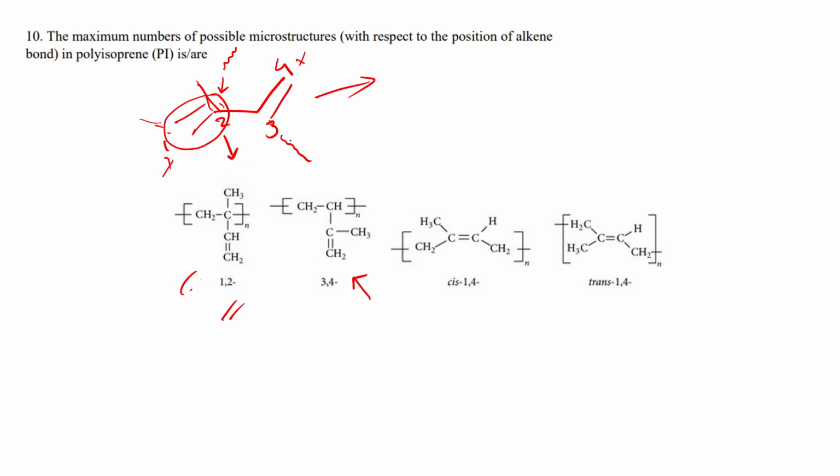In the second case, we are seeing this one-two is intact, but this particular three-four double bond is participating in the polymerization reaction, so then you have this microstructure. Now they are saying that carbon one, the first carbon, and the fourth carbon are actually participating in the polymerization reaction, and the double bond remains here.